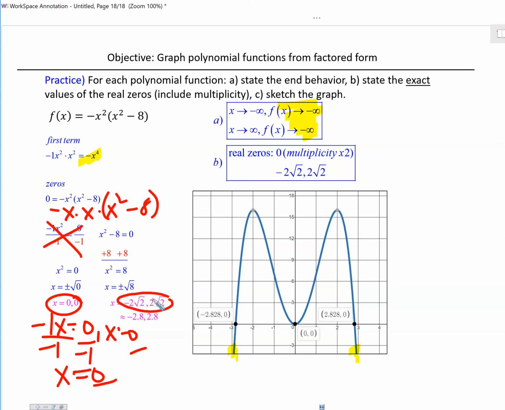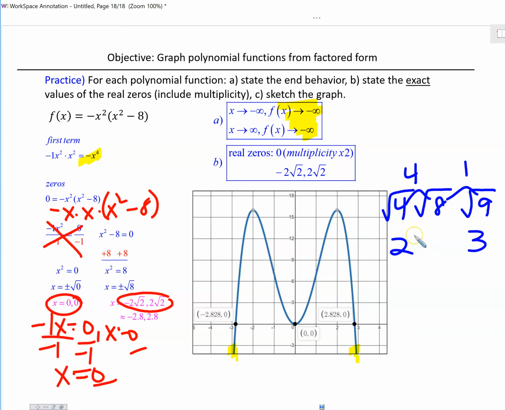The square root of 8 is shown simplified here, but the math for that, in case you didn't come up with that, so the square root of 8's between 9 and 4, so the square root of 8 has to be between the square root of 4 and square root of 9, which is between 2 and 3. The difference here is 1, and the difference here is 4, so it's a lot closer to the square root of 9, so it's a lot closer to 3.